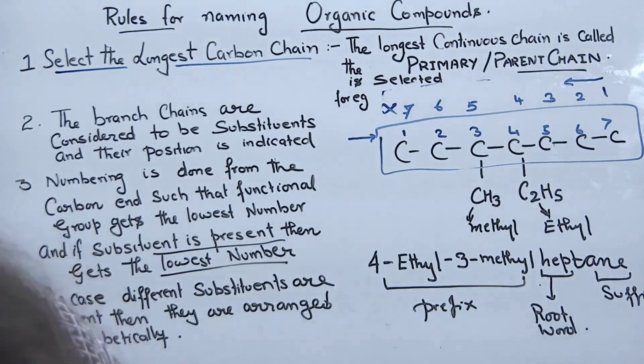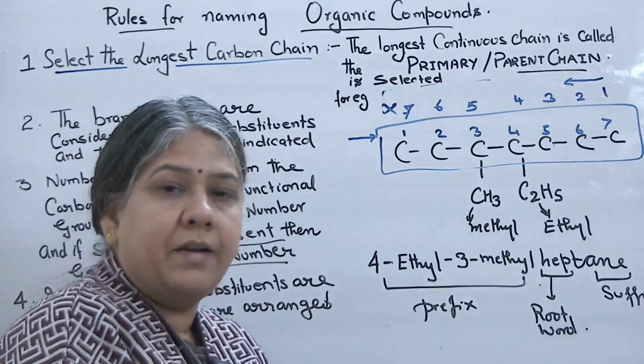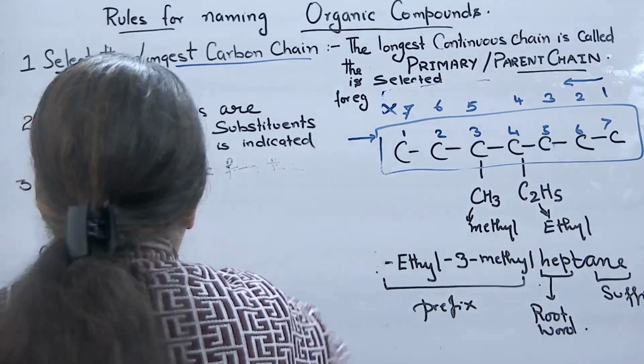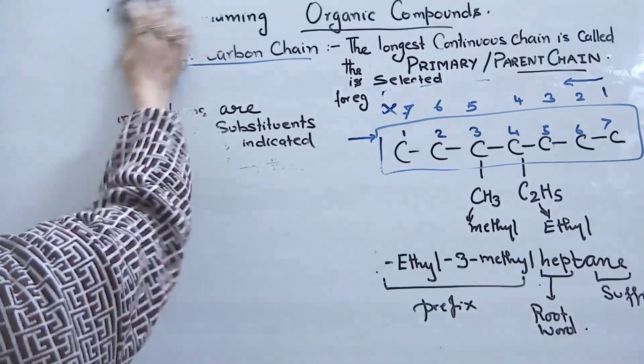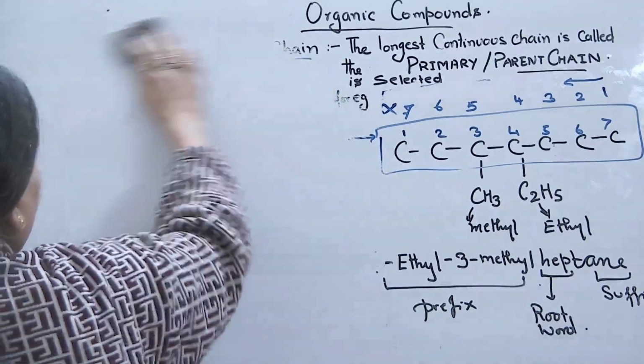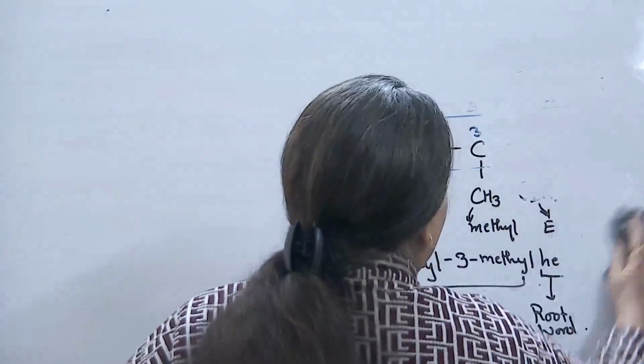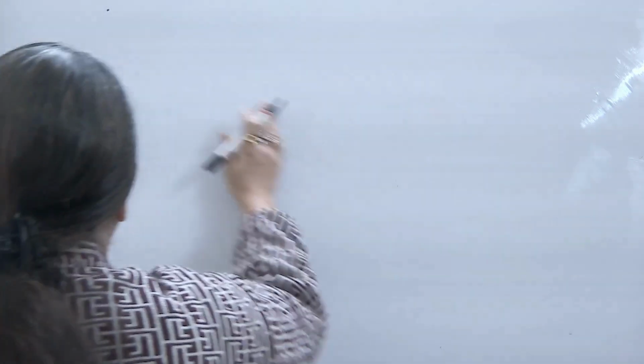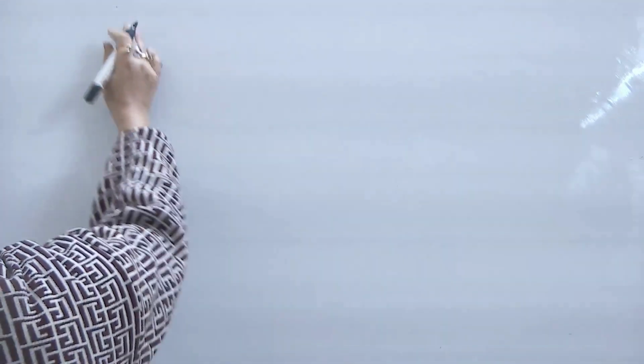Now let's see a few more examples and practice applying the IUPAC nomenclature, how you are going to apply these rules. See, now let's take an example. The more examples you practice, the more thorough and confident you will be in writing the names. So let's begin.